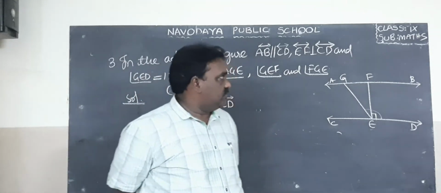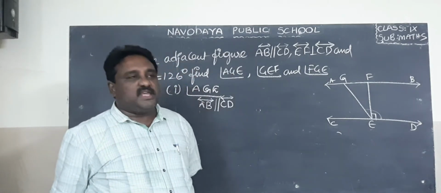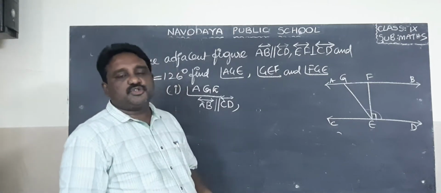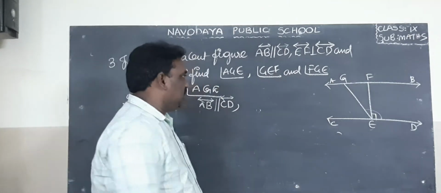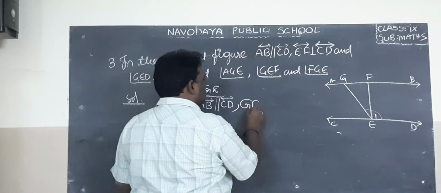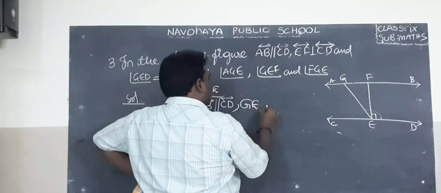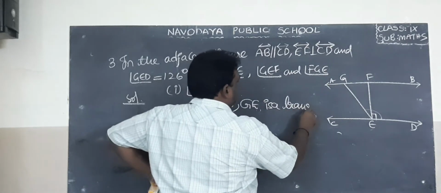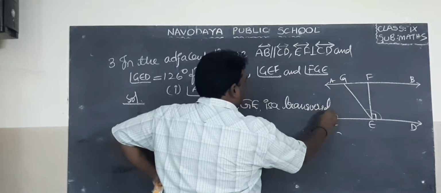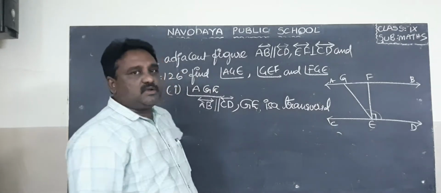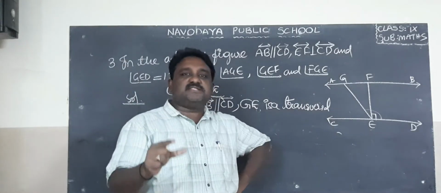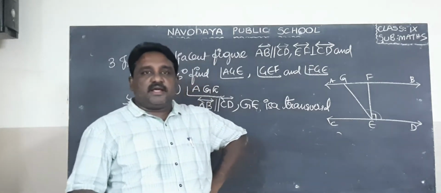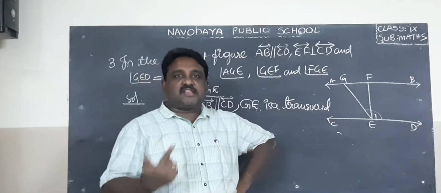Automatically, what we will write? We will write about transversal. GE is a transversal. Okay? AB parallel to CD, GE is a transversal. I told you already. Pair of parallel lines are there, transversal is there.